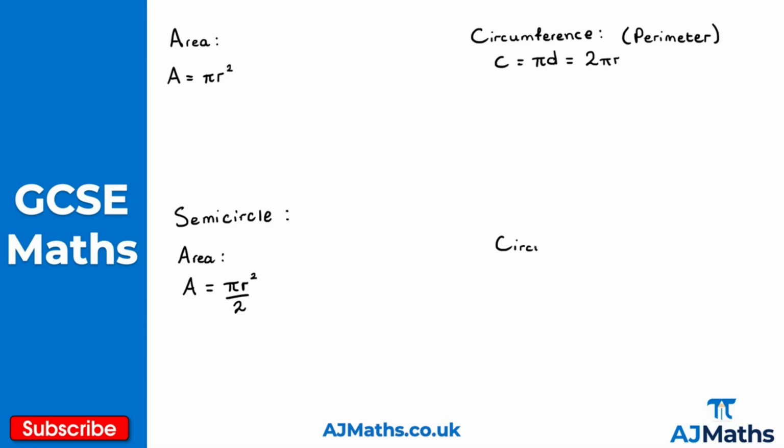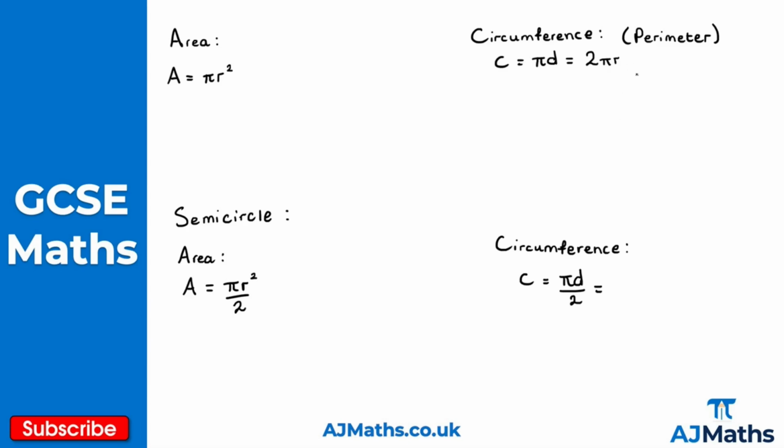Then the same for the circumference. For my circumference, it will just be half of either pi d or 2 pi r. So using C to represent the circumference, it will either be pi d divided by 2, or 2 pi r divided by 2.